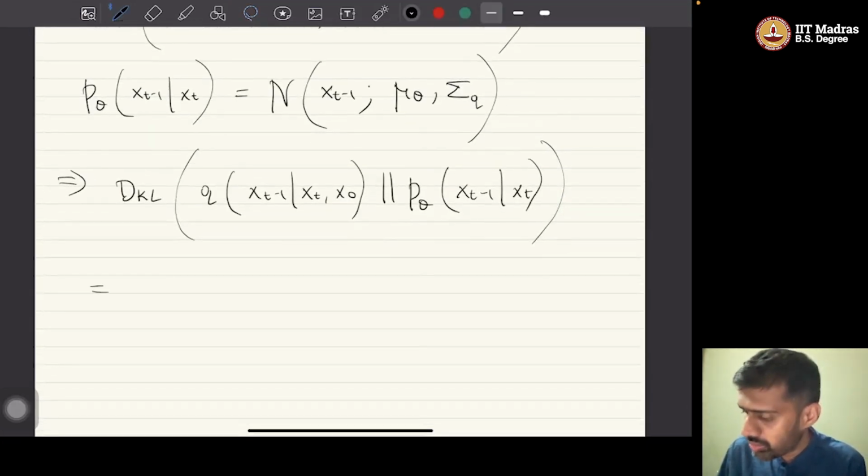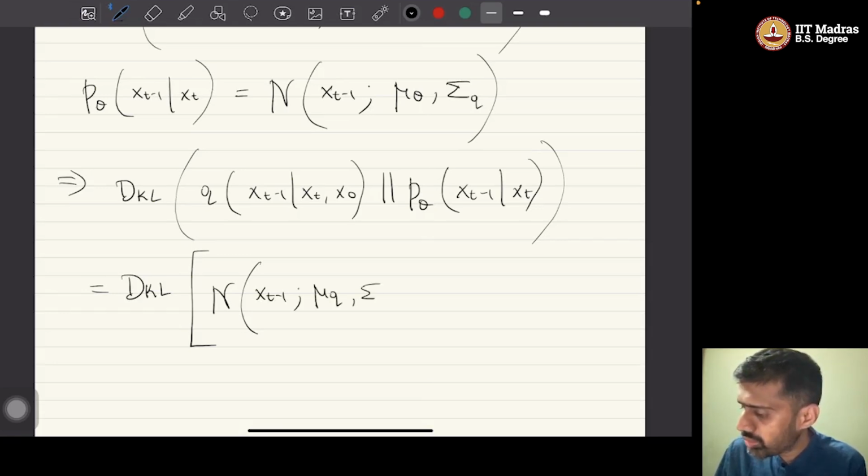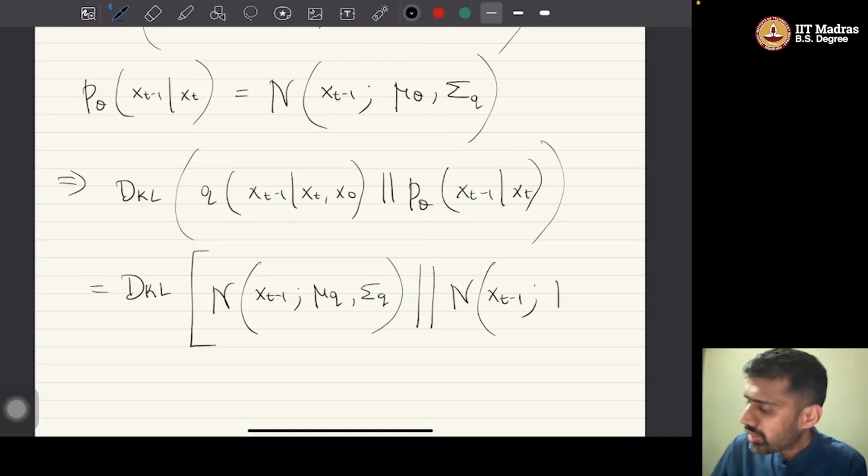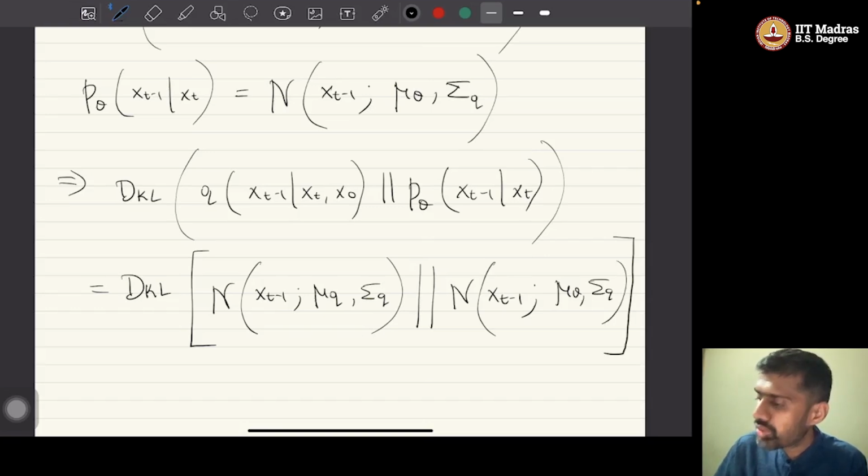Now this is equal to the KL divergence between two Gaussian distributions on the same random variable, xt minus 1, and we know that the mean is mu q and the variance is sigma q, right? And the second distribution, which is the decoding distribution, we also know is a Gaussian distribution with mean mu theta and the variance sigma q. Note that the only thing that is to be computed here is mu theta.